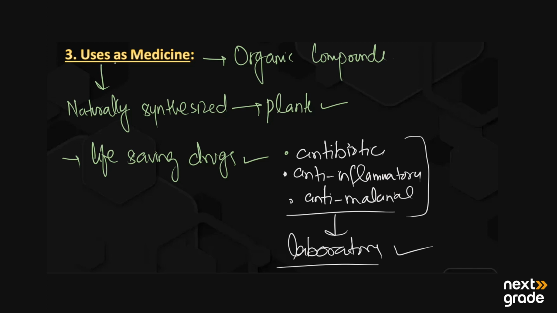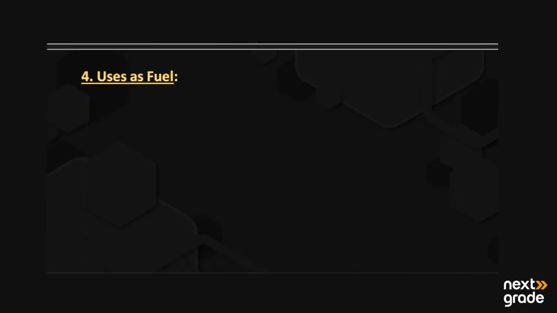So mainly the medicines are organic compounds. They may be naturally synthesized by the plants, or they may be life-saving drugs prepared in the laboratory, and they include antibiotics, anti-inflammatory, and anti-malarial drugs. So we use organic compounds as a source of medicines.